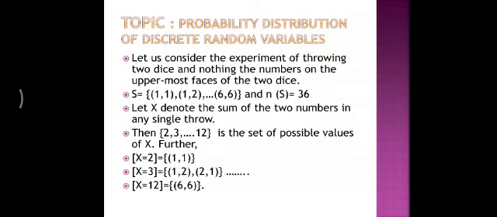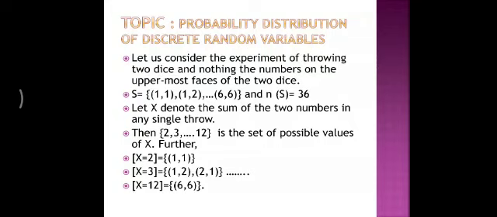Let X denote the sum of the two numbers in a single throw. Then 2, 3, up to 12 is the set of possible values of X. Means if we throw two dice at a time, then we get either (1, 1), (1, 2), and we add it as 1 plus 1 is equal to 2.